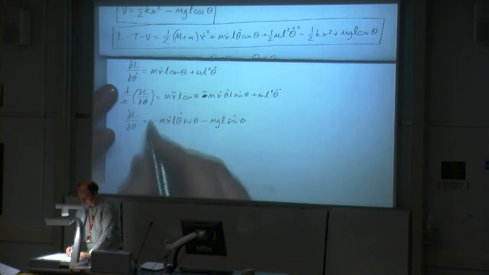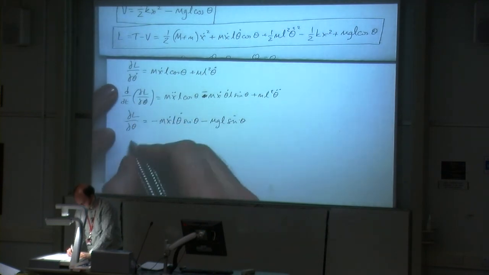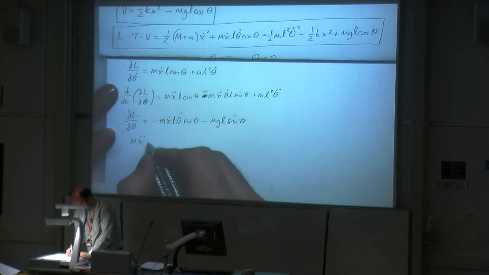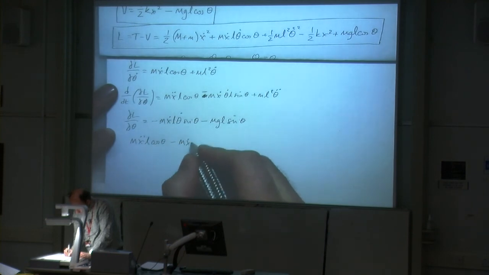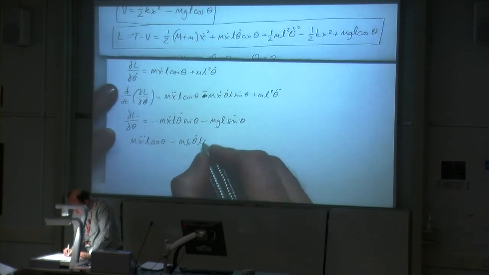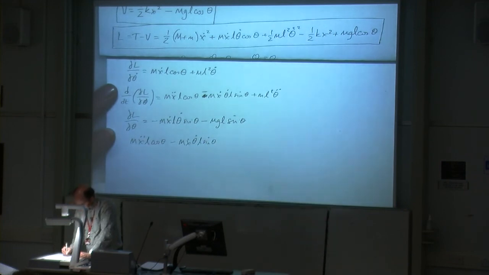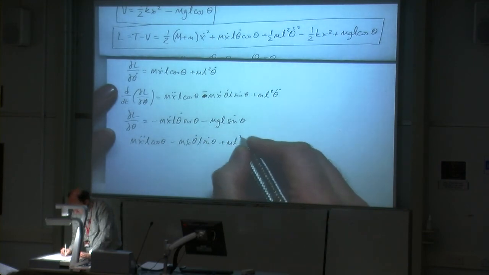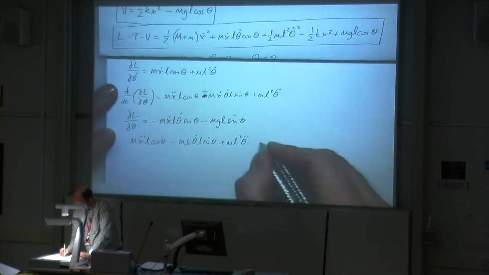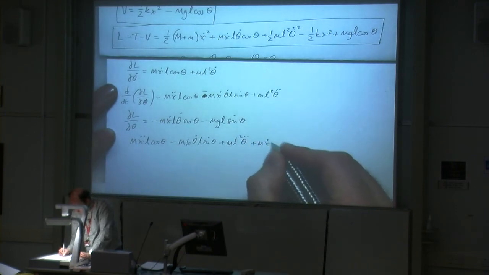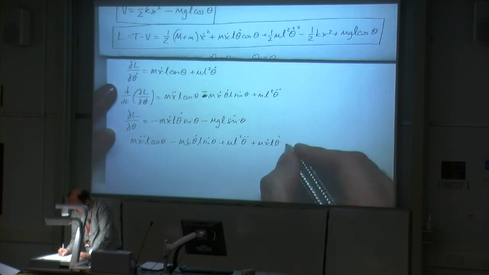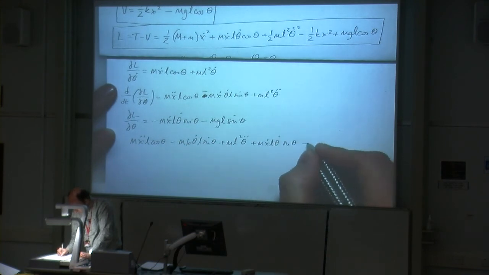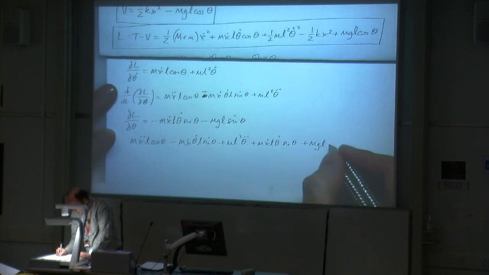So again, we apply the Lagrange's equation, which is this term minus this term. So we have m x double dot l cosine of theta minus m x double dot theta l sine of theta plus m l squared theta double dot plus m x double dot, x dot l theta dot sine of theta plus m g l sine of theta equals 0.